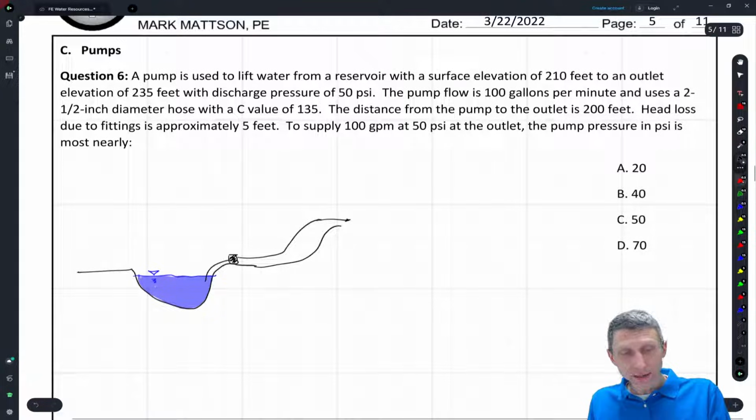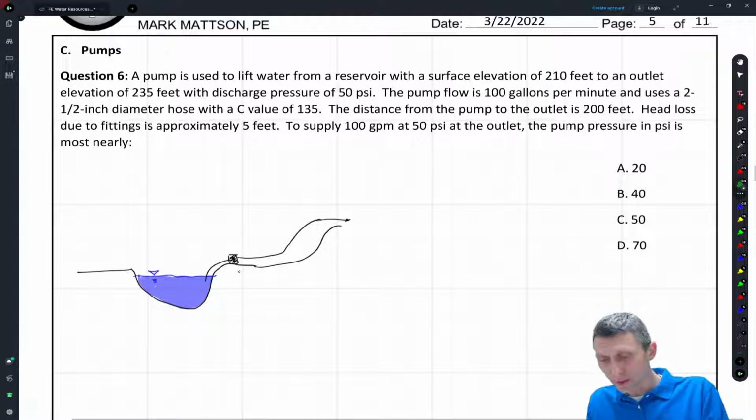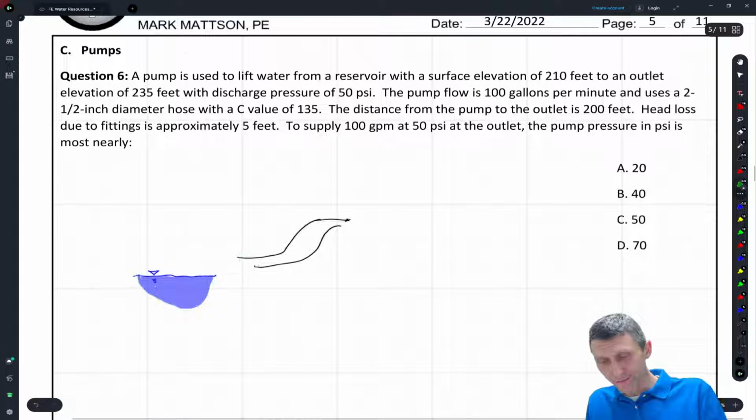and you're going to go up to a discharge point up here, which is at an elevation. Let's take a look at what our elevations are. Actually, I think the way I said it is the pump elevation is 210. So let's move the pump down just a hair, so that it's at the same elevation as the water surface, and we're not going to introduce anything too crazy here.